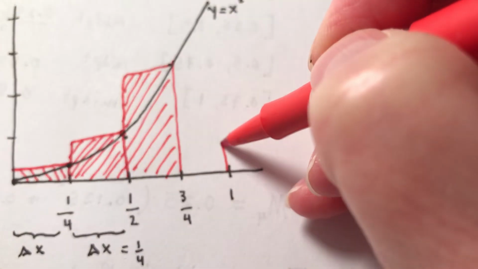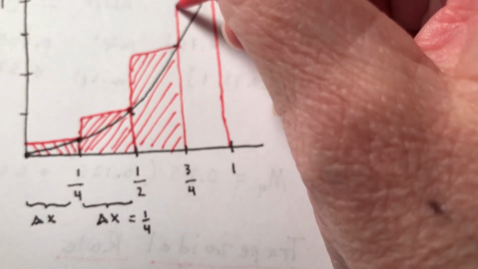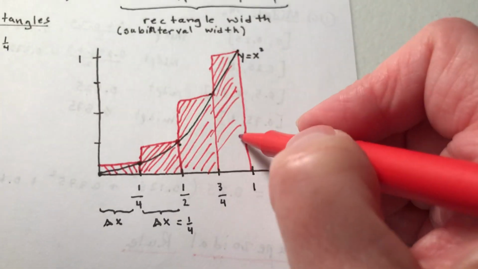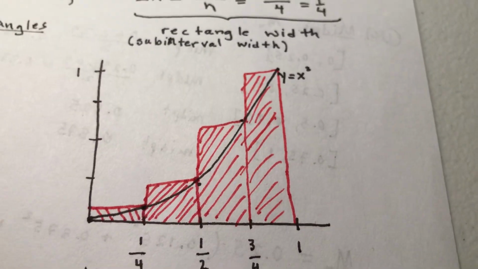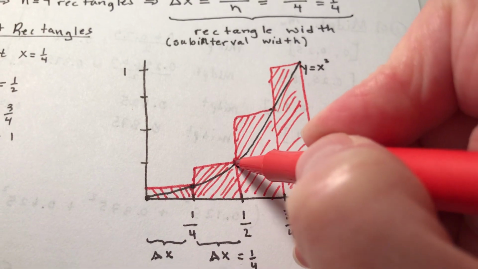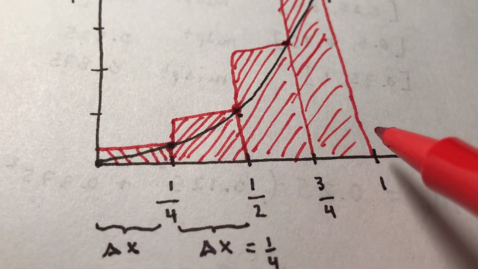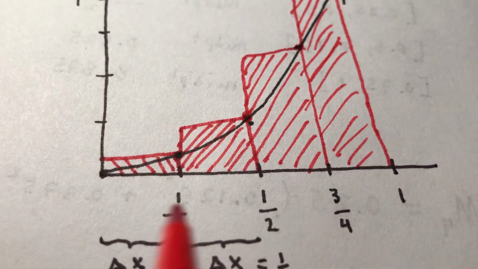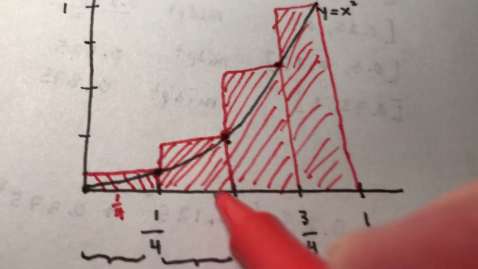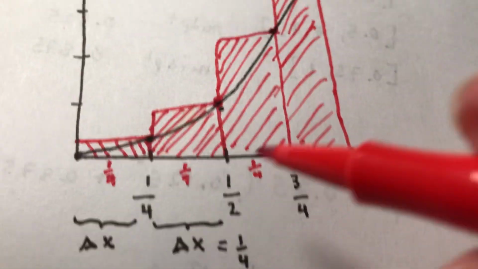For the last one, I'll use the right-hand endpoint to come up to the curve, and now I have 4 what are called right rectangles. They're only right because they come up to the curve on the right part of each subinterval. These 4 rectangles all have a width of 1/4.